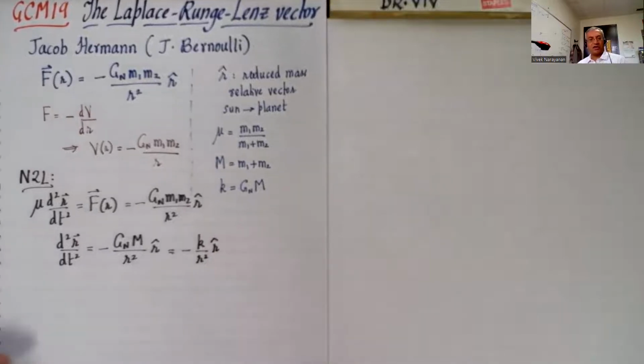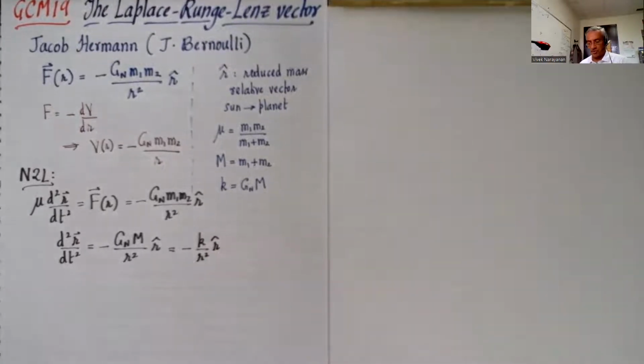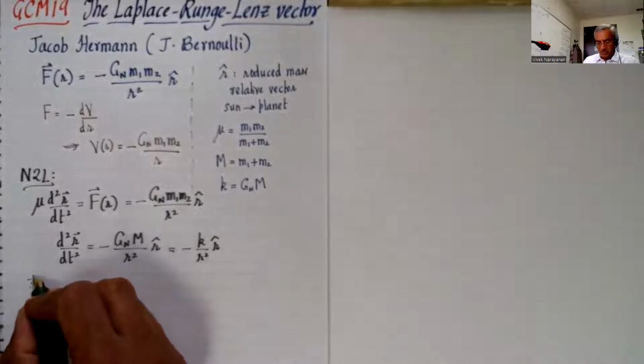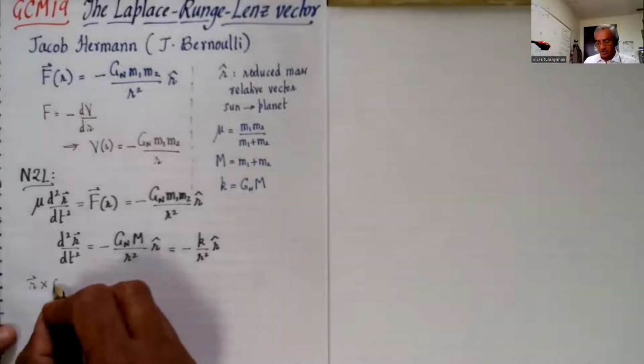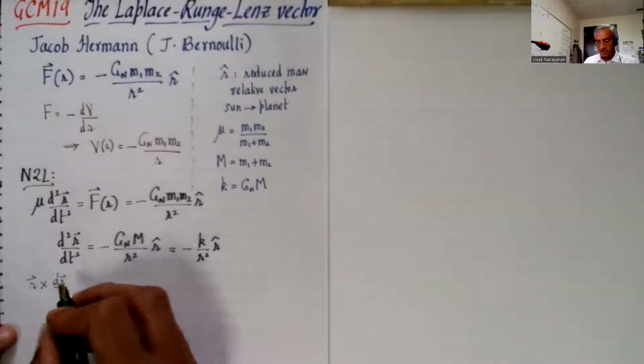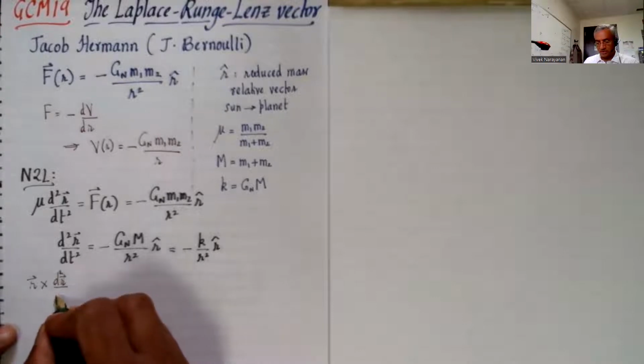It is this quantity that Jacob Hermann was interested in working with. Now, he did some vector algebra and found some very interesting things about this quantity. We're going to replicate his footsteps. So what if I take r cross d2r by dt squared?